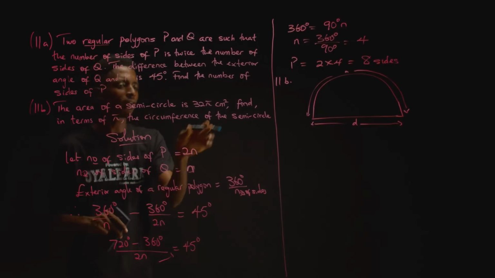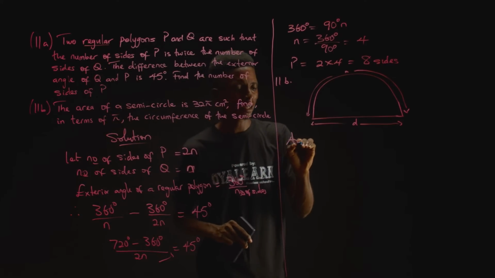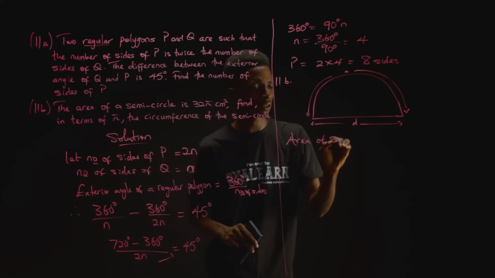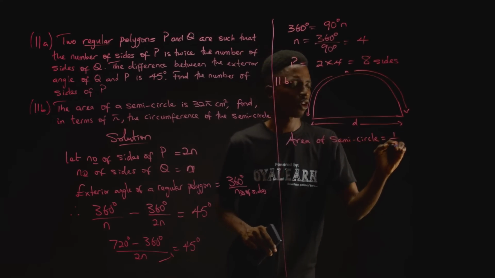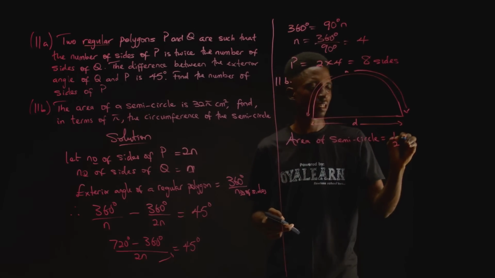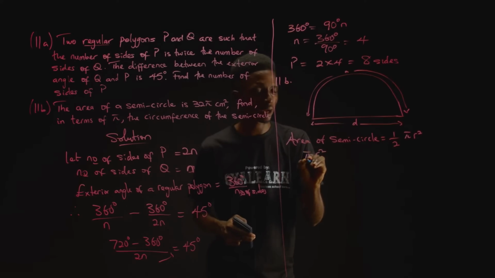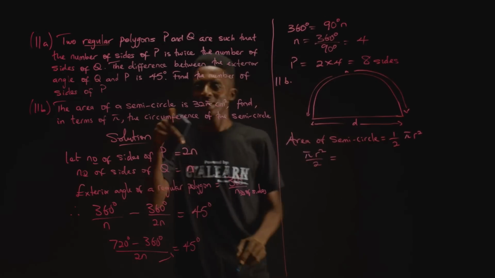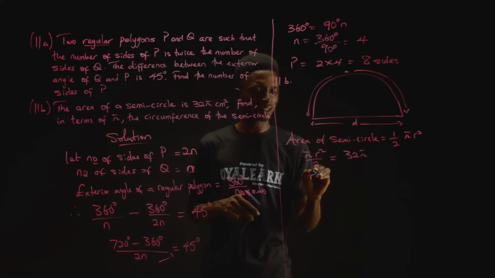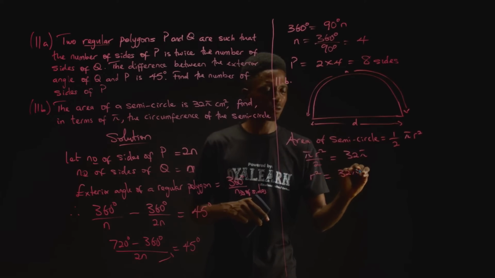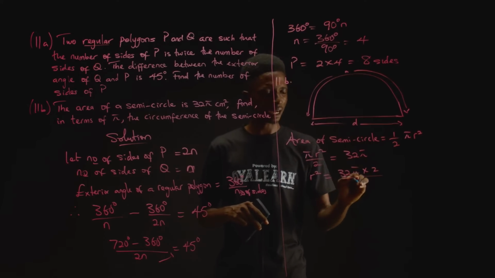Now, we're already given the area of the semicircle. The area of a semicircle is half of the area of a circle, which is pi r squared. So pi r squared over 2 equals the area we are given, which is 32 pi, right? From there we can say r squared equals 32 pi multiplied by 2 all over pi.